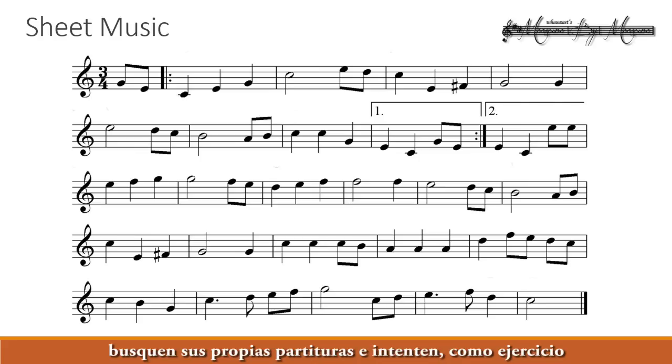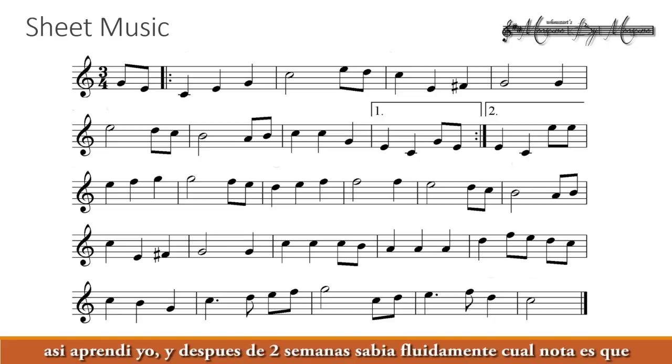Get your own music sheet or sheet music, and you try as an exercise to write down which note you see on each individual note. It's a great practice, and you will memorize the notes on a staff very quickly. That's how I had to learn, and it went fast.